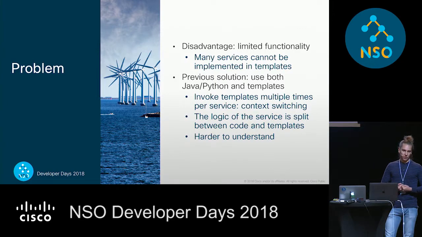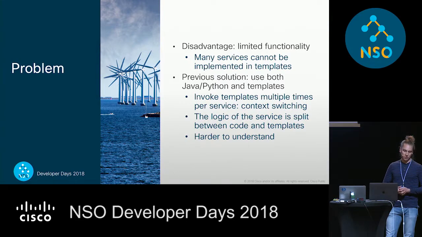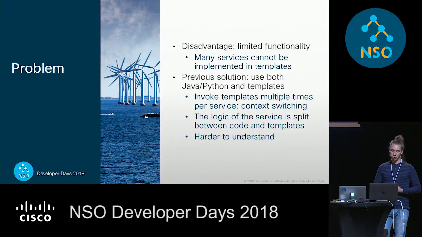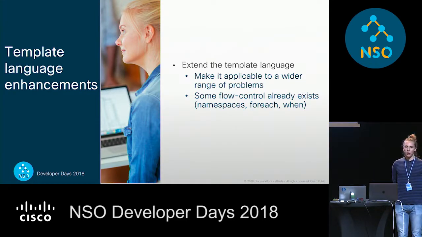Having the same loop in a template where you iterate over a certain XPath expression that clearly indicates that we are iterating over a certain set of values in the database is more clear. And that's what we try to do with template language enhancements.